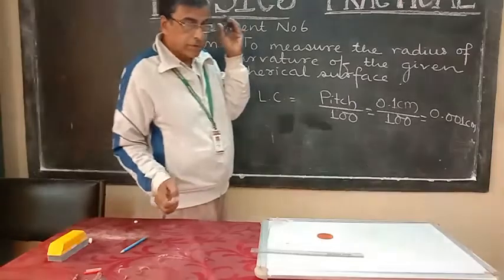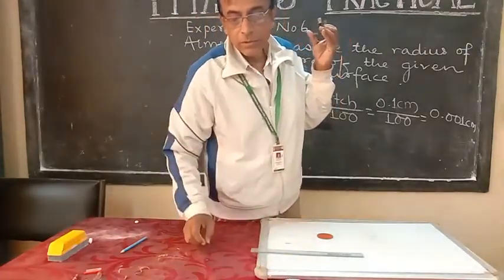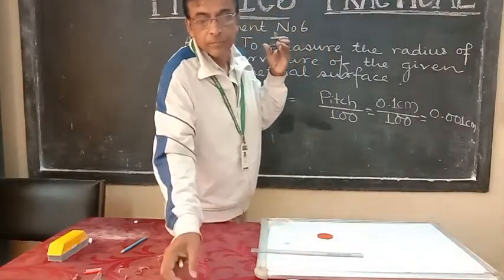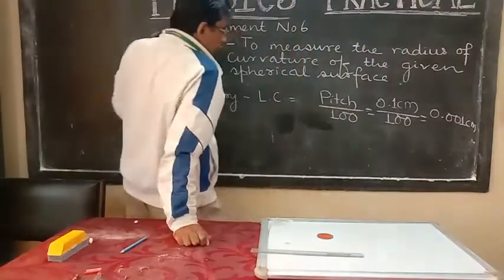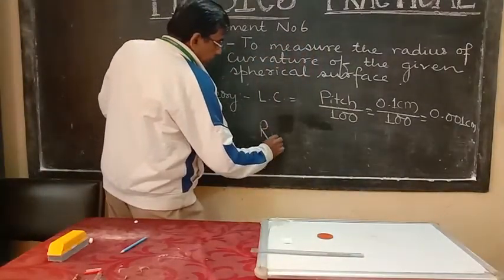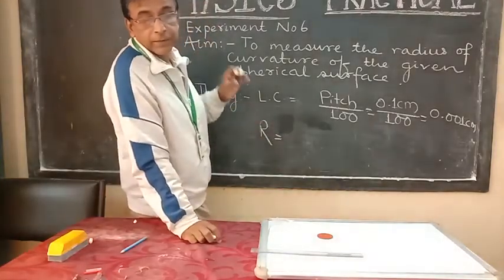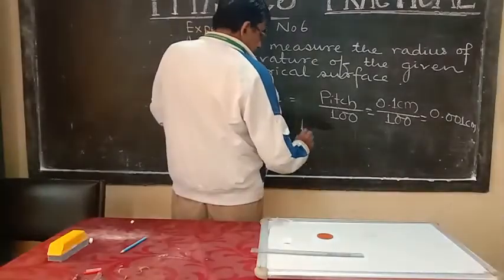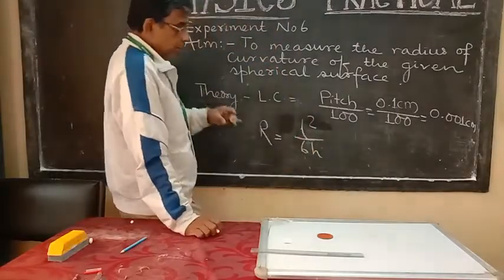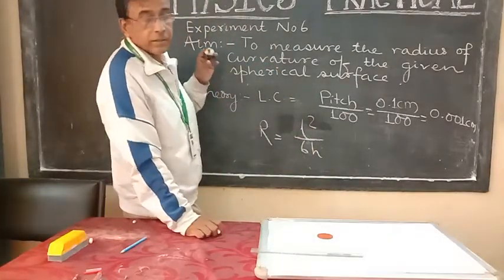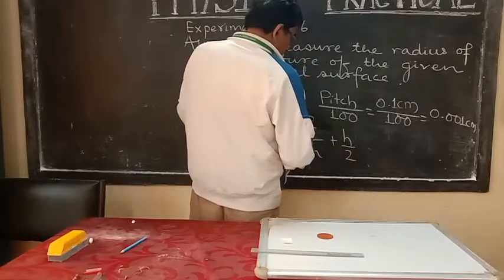Now suppose R is the radius of curvature, and R is given by L square by 6h plus h by 2.